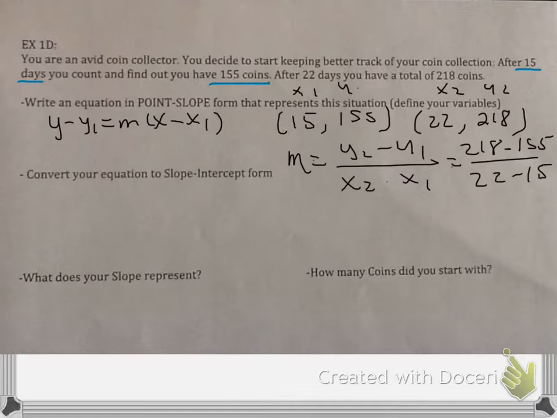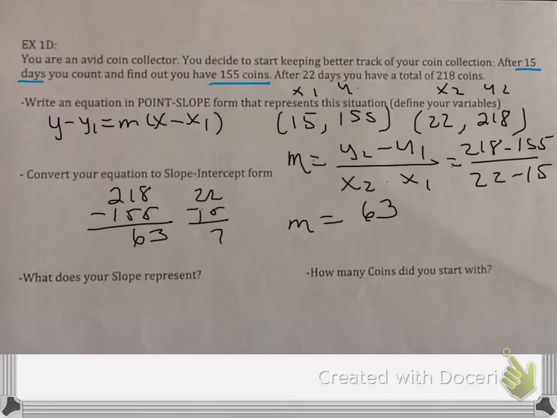So we subtract the two. 218 minus 155 is 63, and 22 minus 15 is 7, and 63 divided by 7 gives us a slope of 9.